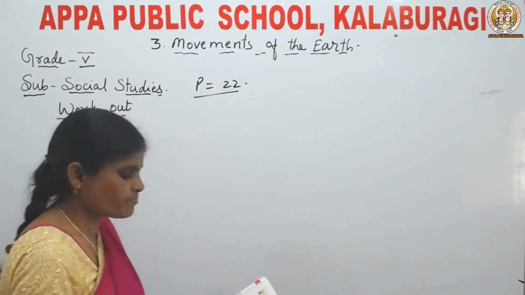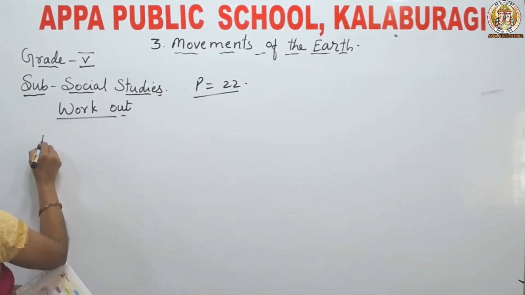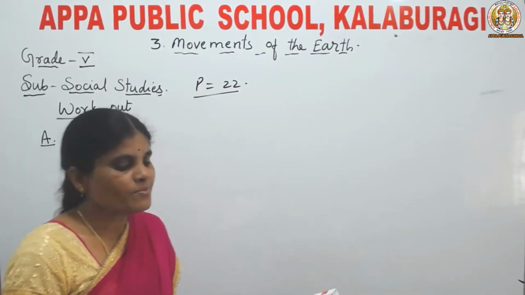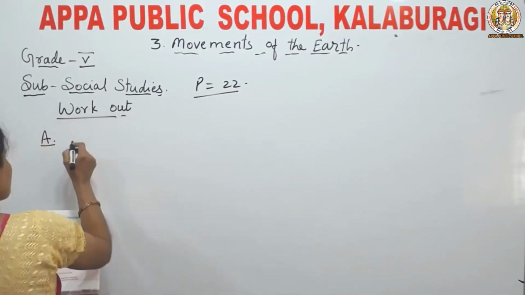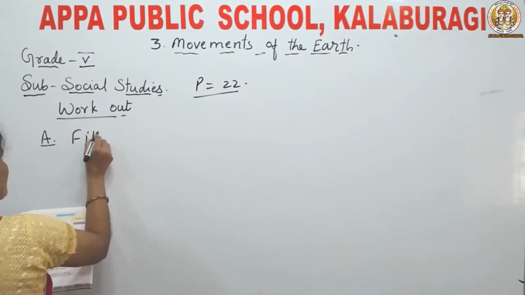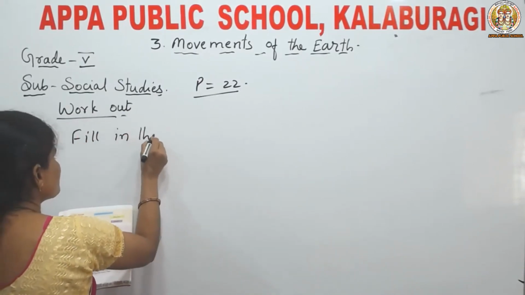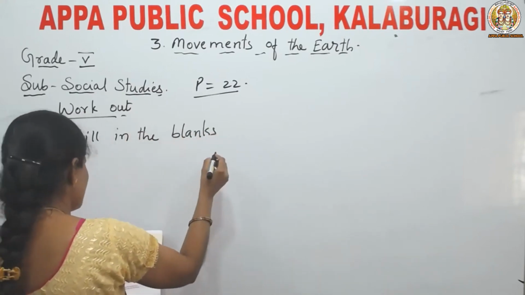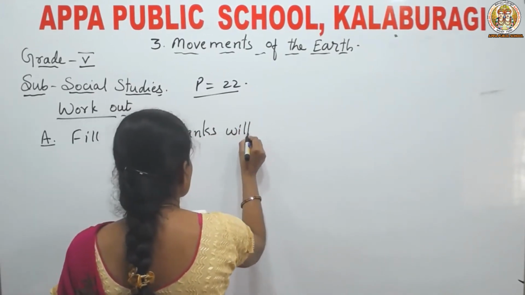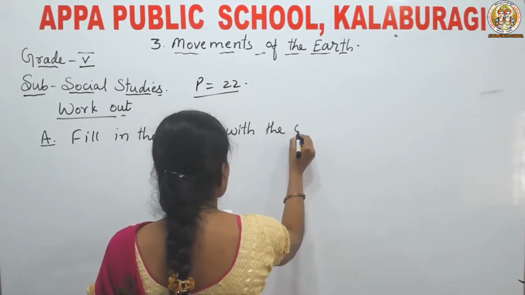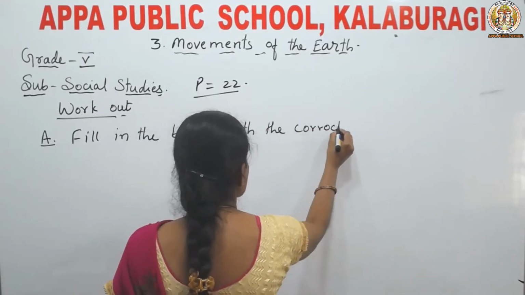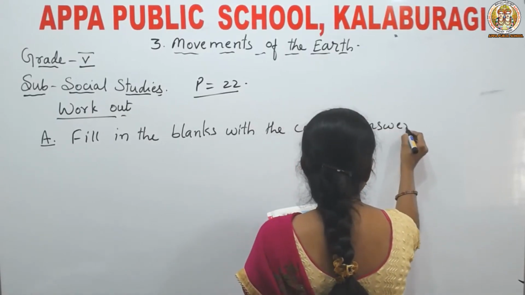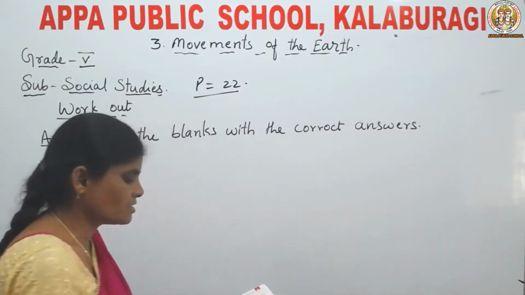Workout section. First, bit number A. Fill in the blanks with the correct answers.